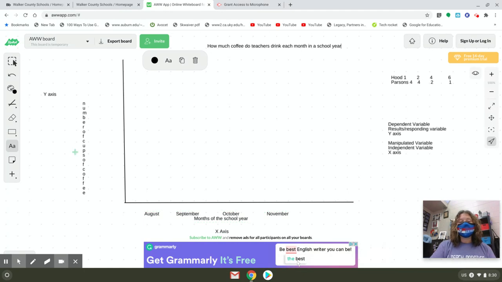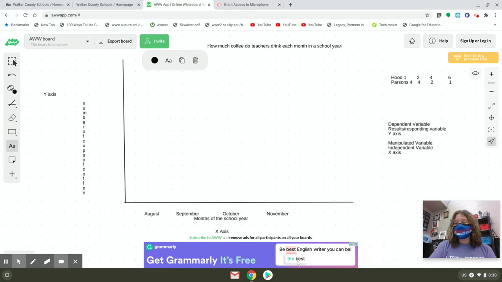Then you need to make sure that your dependent variable is on the y-axis and your independent variable is on the x-axis. If you forget what those are, you have that information in your notebook and you have several examples in video form and in written form that you have done already in class to help you determine which is the dependent and independent variable in an experiment.